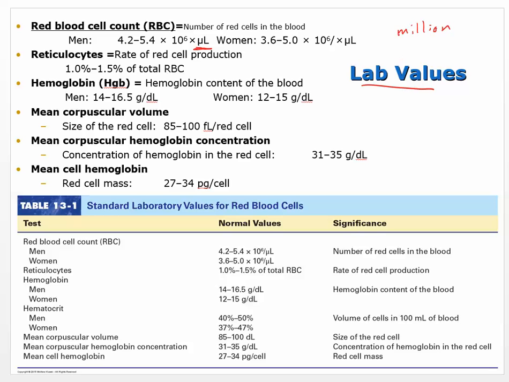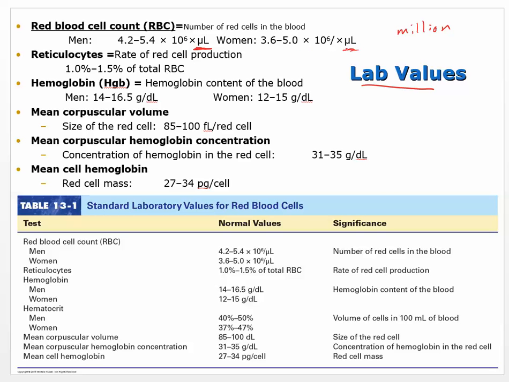We already saw that thrombocytes, platelets, are about a half a million per microliter. Red blood cells are at a higher number, 4.2 to 5.4 million in men, and in women, it's about 3.6 to 5 million per microliter.